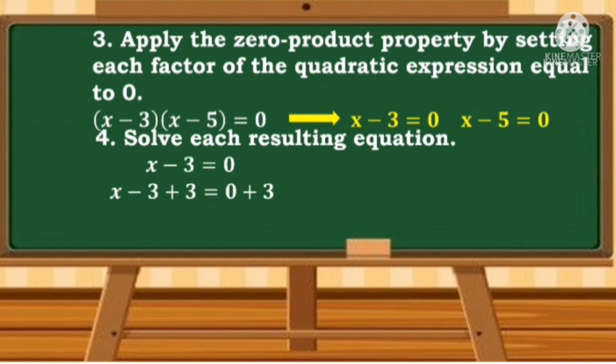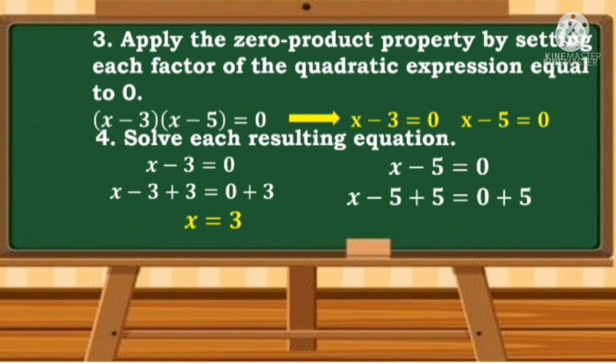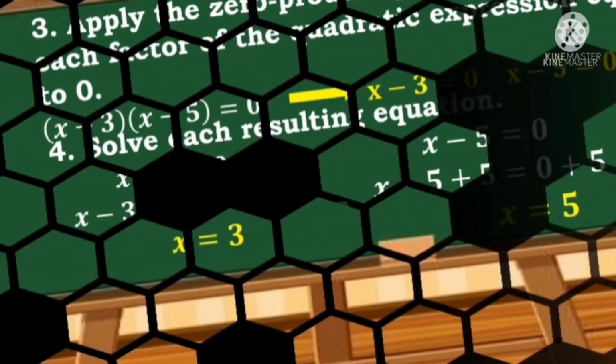Adding the opposite of negative 3 to both sides of the equation, x minus 3 plus 3 is equal to 0 plus 3, will become x is equal to 3. Same procedure with x minus 5 equals 0. Adding the opposite of negative 5 to both sides, x minus 5 plus 5 equals 0 plus 5, will become x is equal to 5.